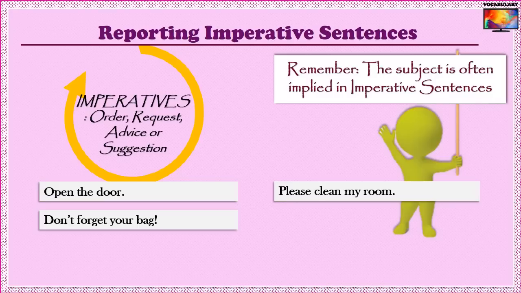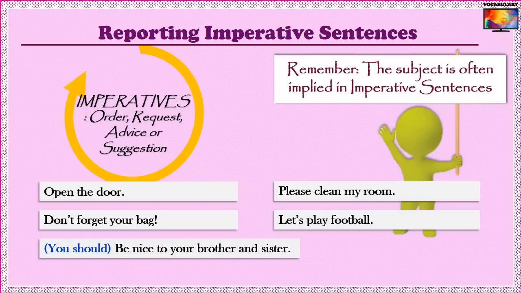Such imperative sentences start with the word let. For instance, let's play football. "Be nice to your brother and sister" is another example. It's an advice. In fact, this imperative sentence can be rephrased as, you should be nice to your brother and sister, which conveys the same meaning.